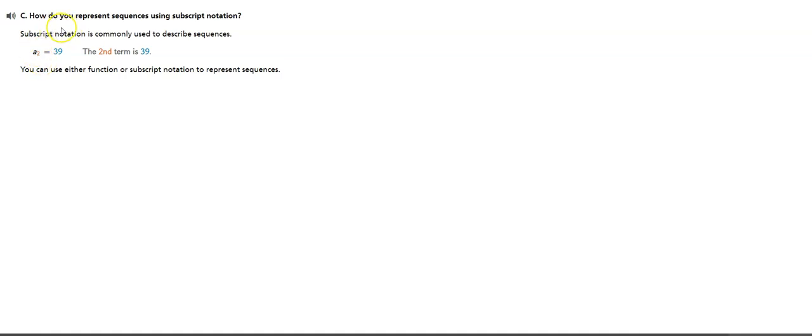Think of exponents as superscripts, they're above; subscripts are below, okay? So A with a little 2 is 39, that's going to mean the second term is 39. So this little subscript is how I'm going to say that the second term in my sequence is 39. When we are writing these, you can use function notation or subscript notation to represent sequences. You'll see both.